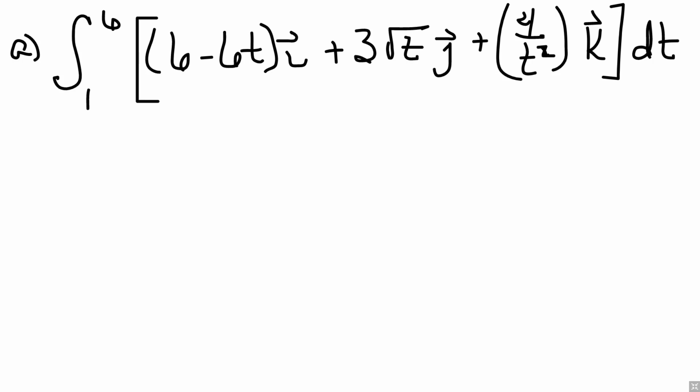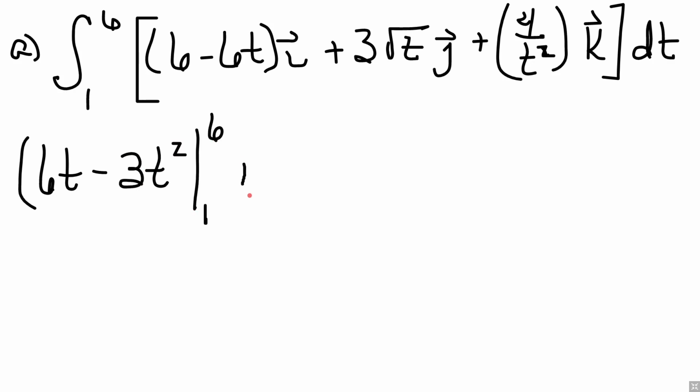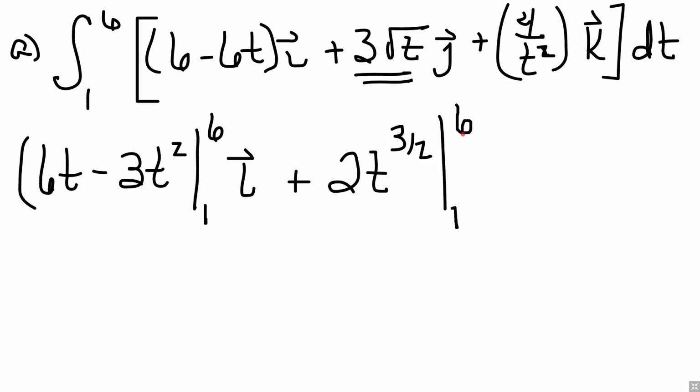Okay, so if we do that, for the first piece, if we integrate it, we're going to end up with 6t minus 3t squared, evaluated from 1 to 6, in the i direction. Plus, for the antiderivative of the second piece, we're going to end up with 2t to the 3 halves, evaluated from 1 to 6, in the j direction.